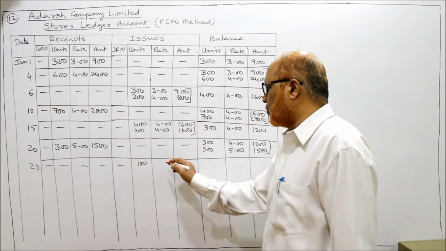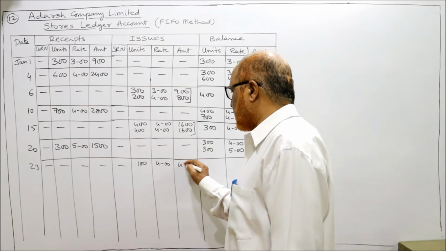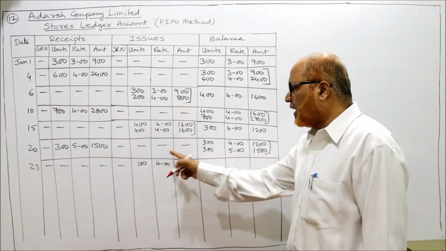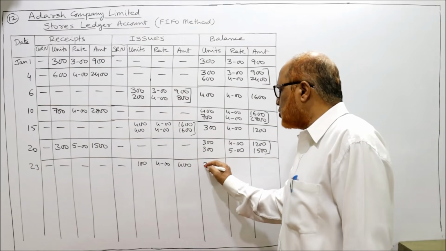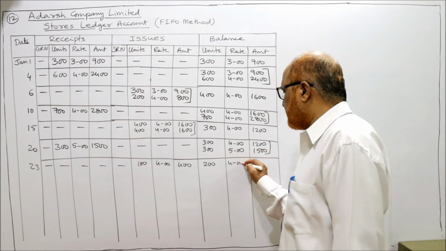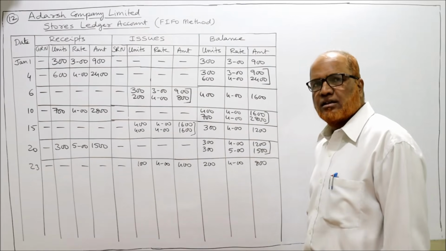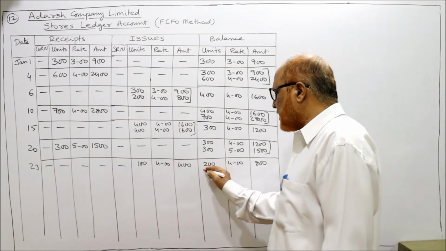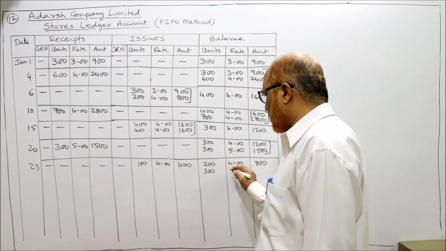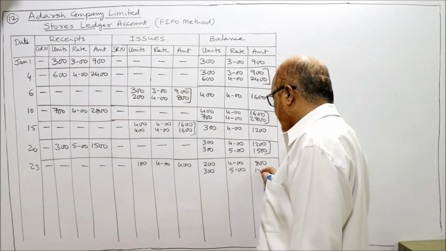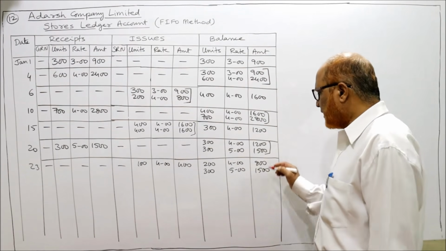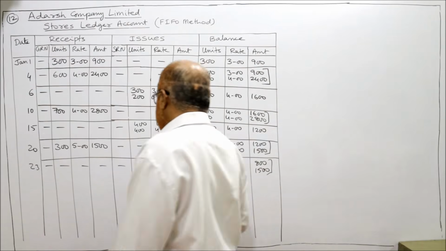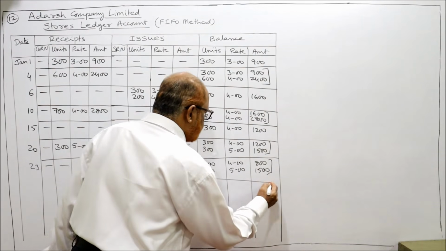At what rate? 4 rupees. It will become 400. So out of 300, 100 units are issued. So remaining 200 units, 4 rupees, 800. Now the second lot remains the same. We have not issued anything from the second lot. That's all. This is the transaction for 23rd.